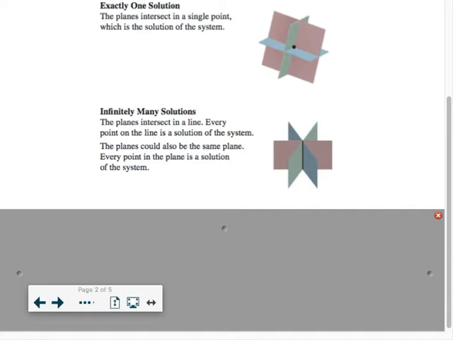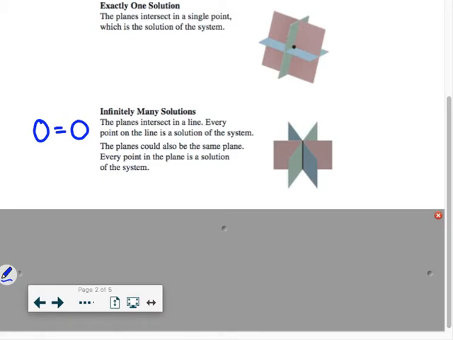Yeah, so you might do elimination, or maybe you're doing substitution, and whatever you do for elimination or substitution causes all of your variables to disappear. So like in the two variable system, the x is gone, the y is gone, there's no more variable, and then the two sides of your equation are equal to each other. So I'm going to put, under your infinitely many solution, I would write this down in your notebook, 0 equals 0.